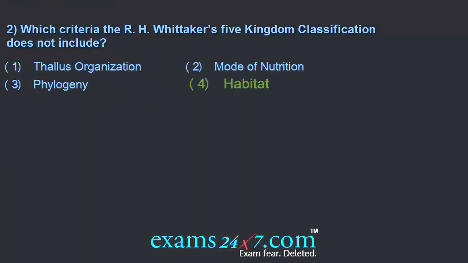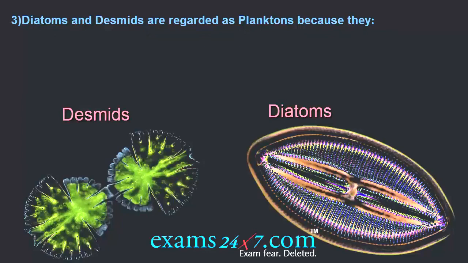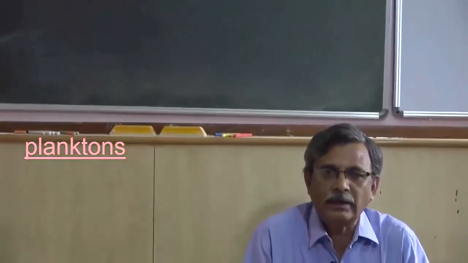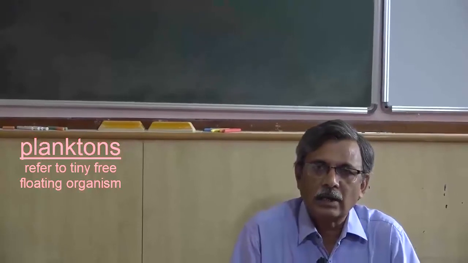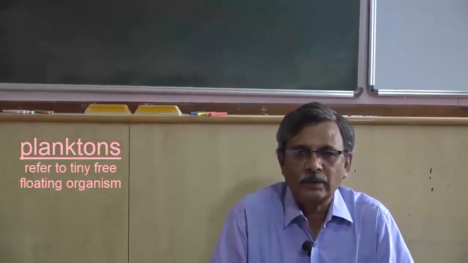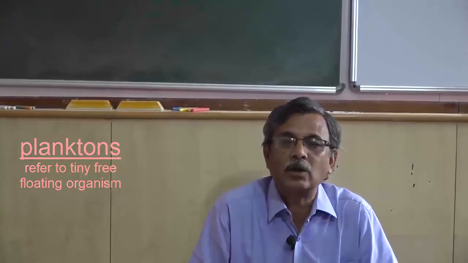Now, we move on to the next question. Diatoms and Desmids are regarded as planktons because, please remember, Diatoms and Desmids come under kingdom Protista, they are rhizophytes. And here, why they are regarded as planktons?